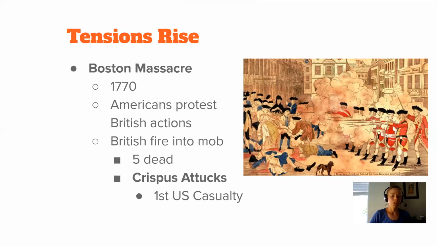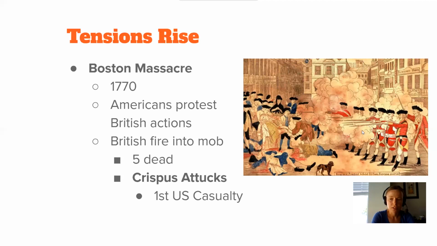Propaganda is when you have people view or hear or see something that is supposed to make them feel a certain way about something. That is what Paul Revere did to great effect with his bloody massacre engraving here. So that's the Boston Massacre, and the soldiers actually will end up on trial for the murder of these 5 individuals, these 5 colonists that they shot and killed.